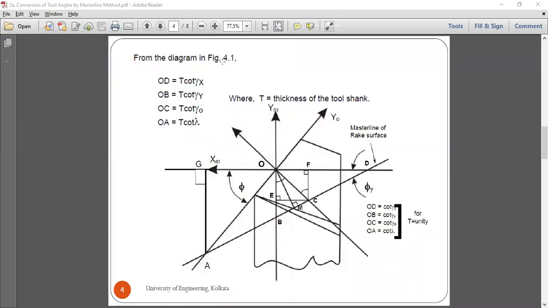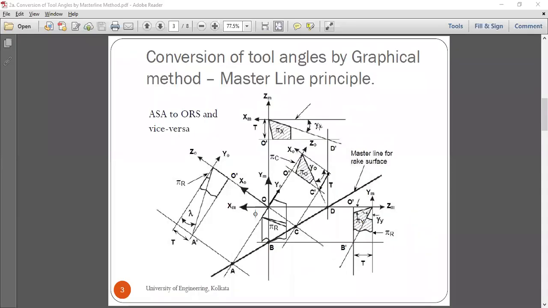Now from this diagram 4.1, let us concentrate at this point, gamma x. Gamma x is this angle. If I consider this, this is my T and this is the angle gamma x, and this is O dash D dash.